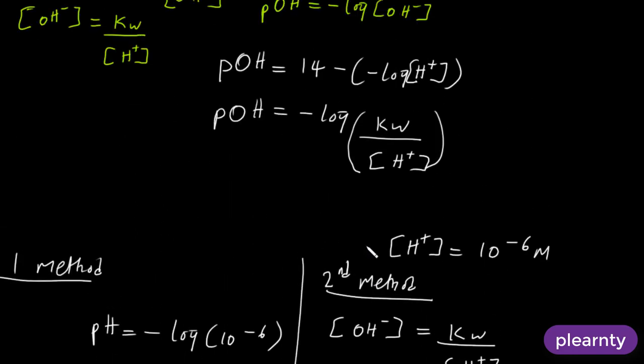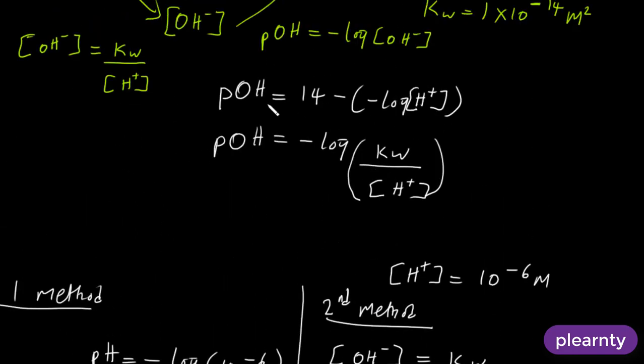Now let's try our two formulas. Our third method, which is our first generic formula, and actually that's my favorite, is pOH is equal to 14 minus open bracket minus log of hydrogen ion concentration.